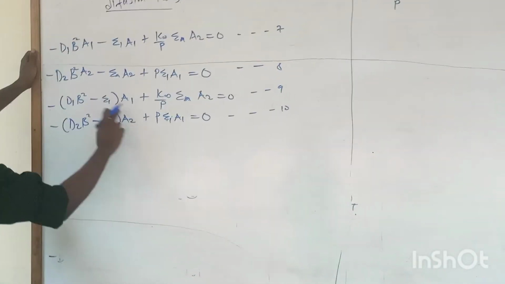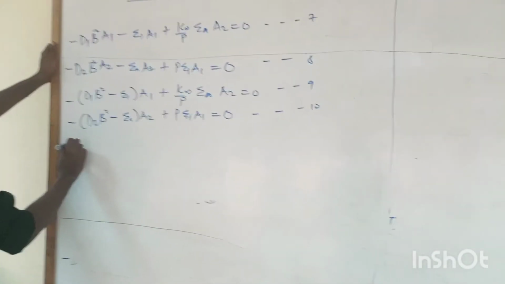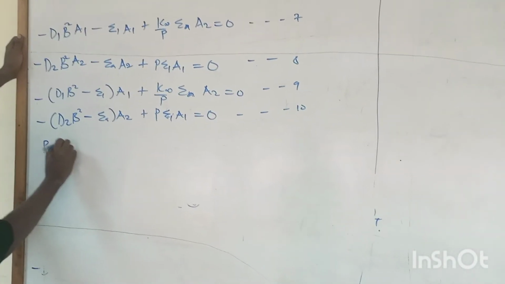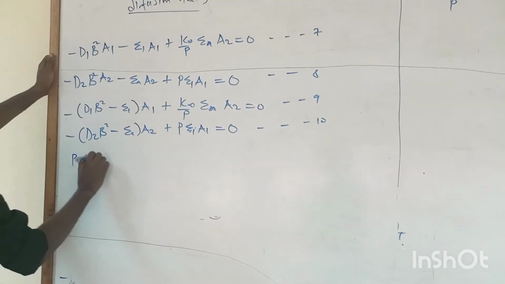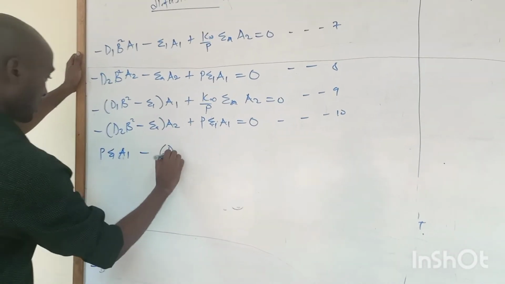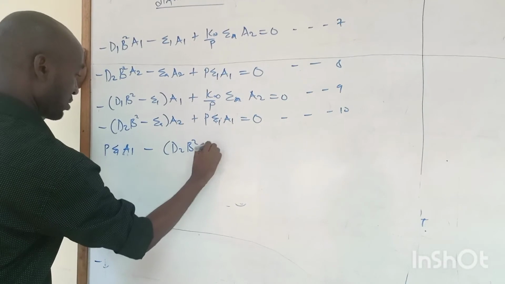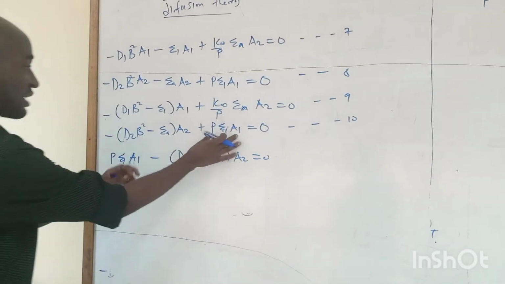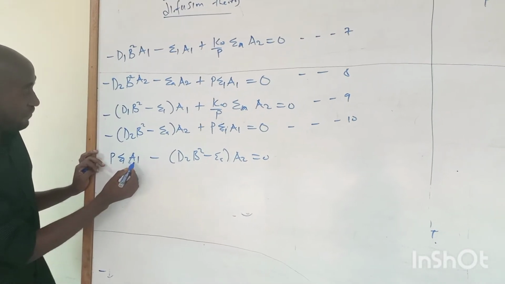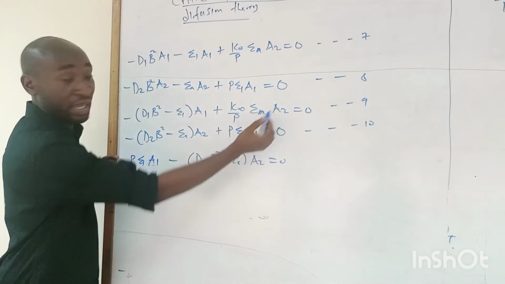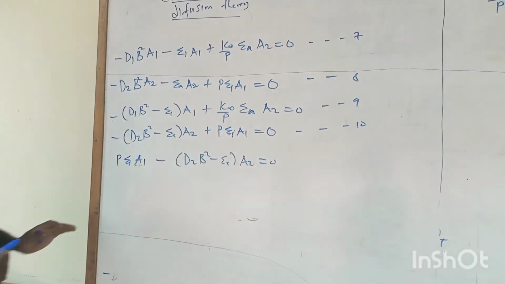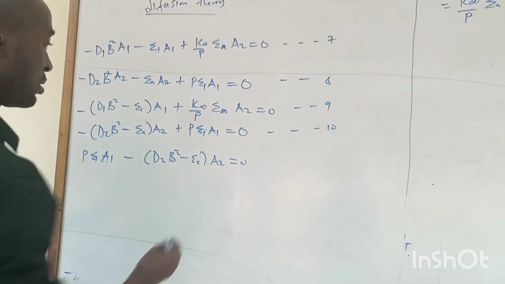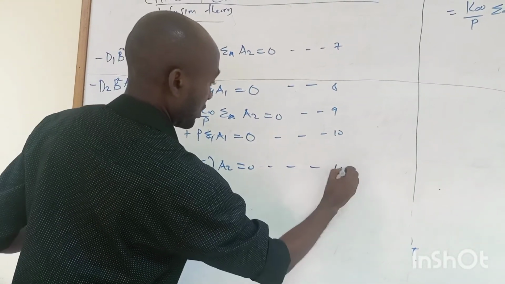I want the a1 to become here. This one we can have the p e1 a1 minus d2 b squared minus ea a2 is equal to 0. I just take this one to this side so that I will have a1 here, a1 here, a2 here, a2 here. So I can call this one 10A.